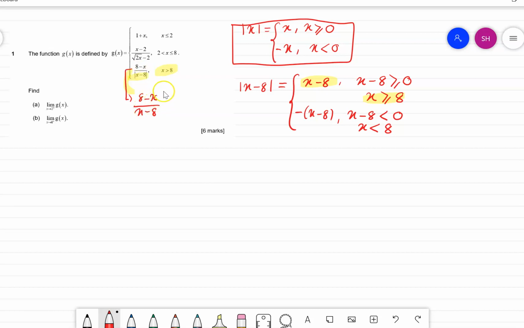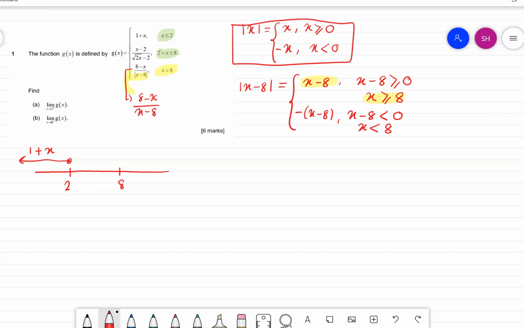And then we draw a number line to represent this piecewise function. Our x values are 2 and 8. Looking at our piecewise function: for x less than or equal to 2, our function is 1 plus x.